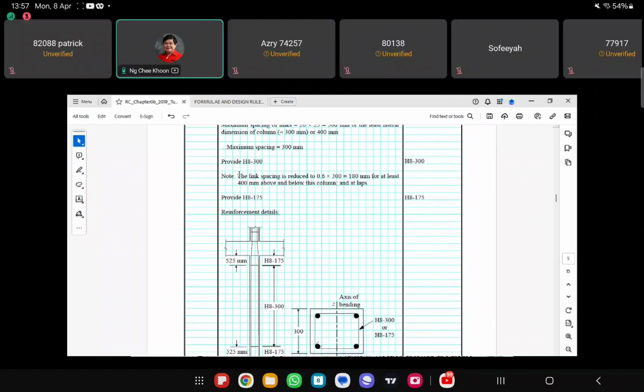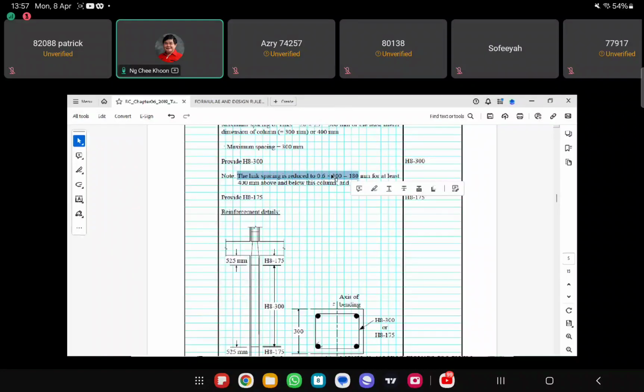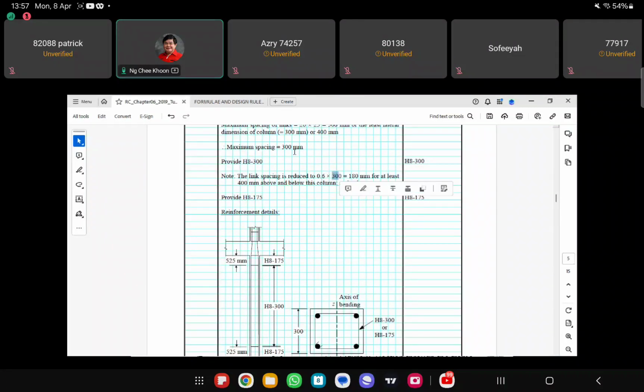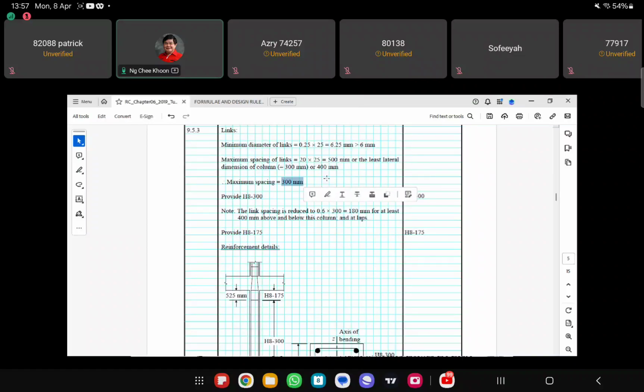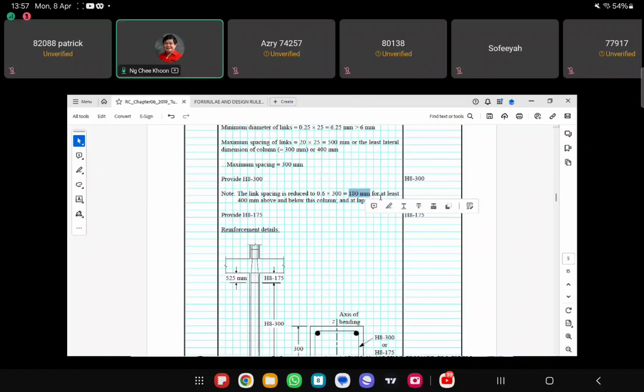Okay, and then for this end and this end, we say that the link spacing has to reduce to 0.6 times of this normal maximum spacing, which is 180 mm, for at least 400 mm above and below this column. This 400 comes from the column dimension.